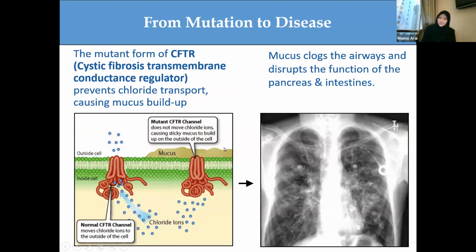So chloride ions don't go out anymore, and there's no water that follows. So mucus builds up because now it's a dry surface. This mucus blocks the airways and channels, and it can cause disorders of the pancreas, intestine, and the lungs.